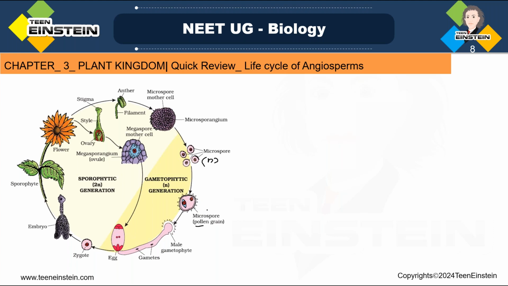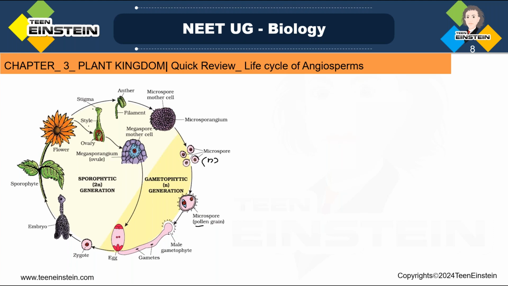And this is the gametophytic generation. Okay. So here the microspore mother cells form the pollen grain. The germination of this pollen grain, when it is reaching the stigma, it will germinate and carry the gametes. The male gametophyte will carry the male gametes. Okay. And in the case of female, the carpel portion, here you can see the carpel portion, which has the ovary, style and stigma.